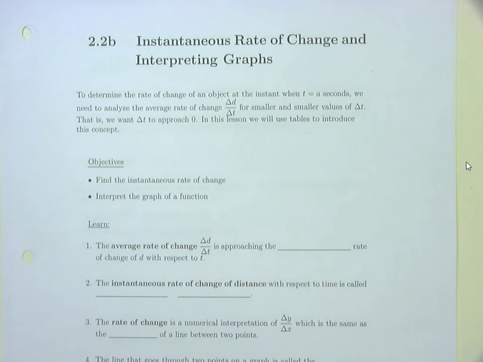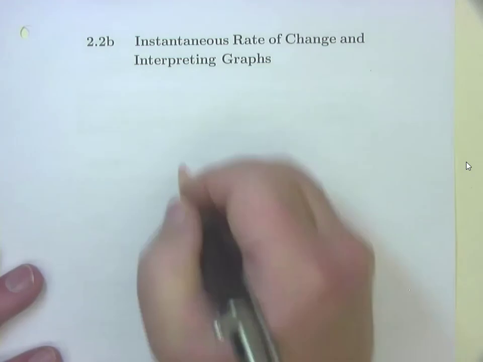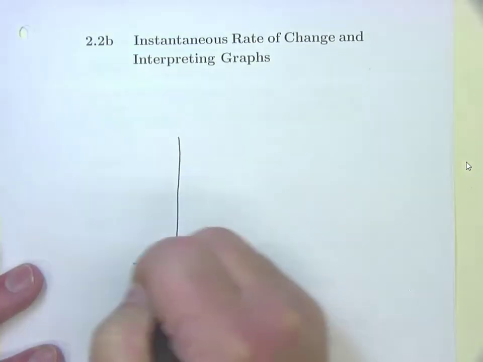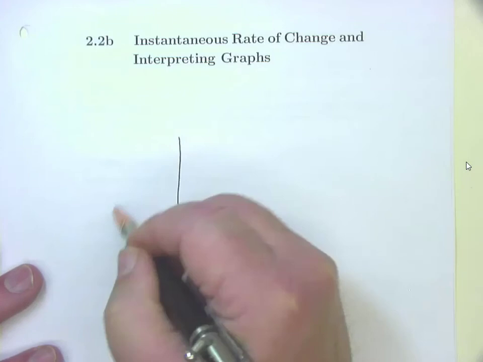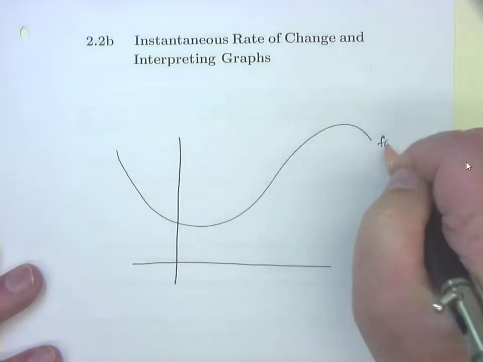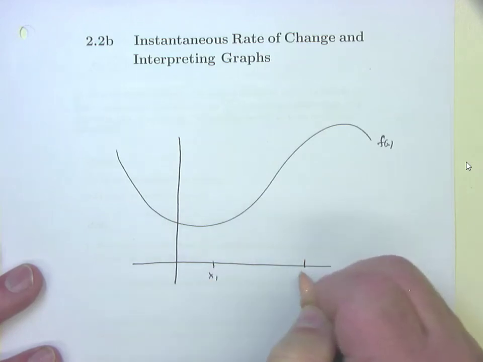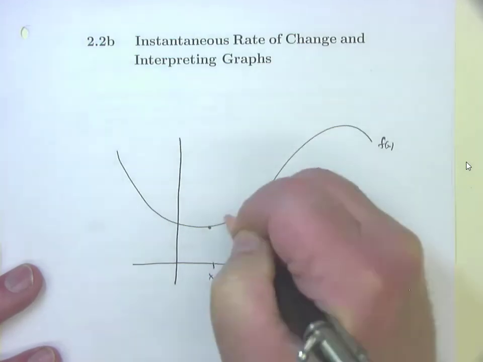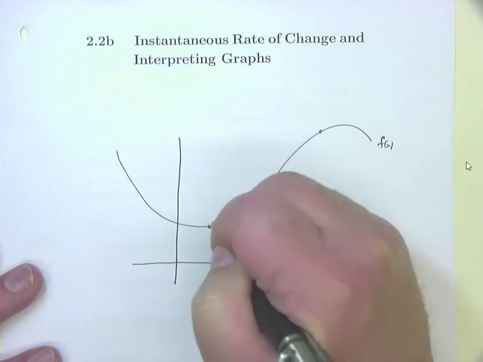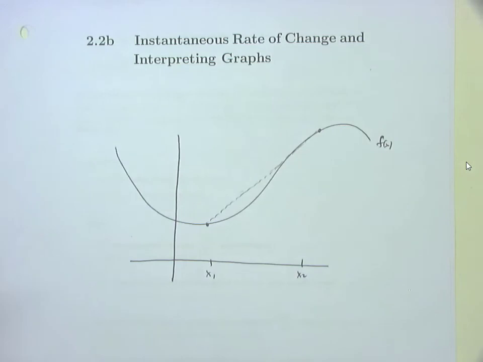And again, I will discuss with you next time, but the idea is this. I got some kind of function, don't care. Here's old f of x. Here is x1. Here is x2. And you'll notice that we just found the slope of the line that literally connects these two together, right?